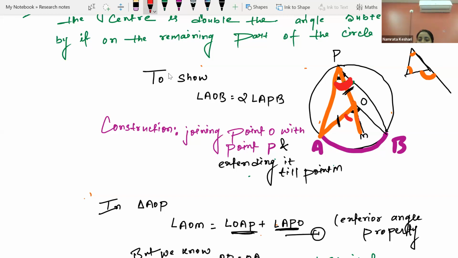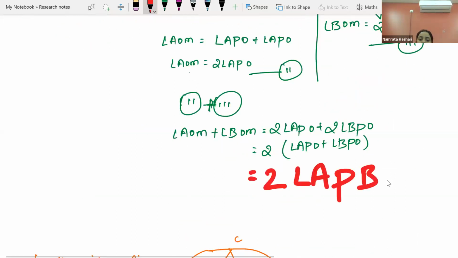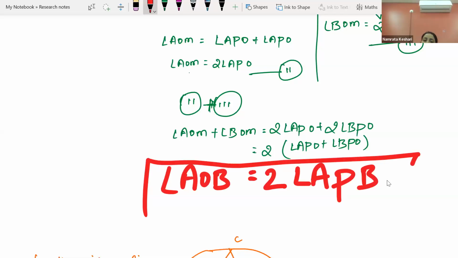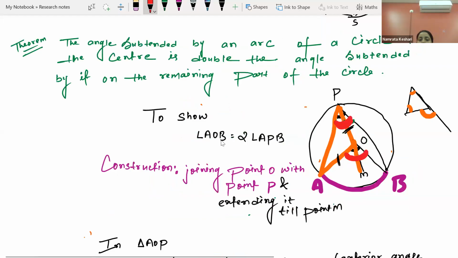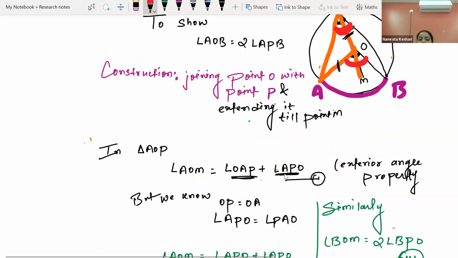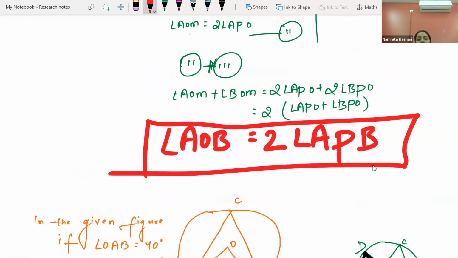That is nothing but this angle AOB. AOM plus BOM का मतलब है angle AOB, हाँ या ना? क्या हमें यही प्रूफ करना था? चलो देख लेते हैं. The angle at the center, AOB, is 2 times APB. That's what we wanted to prove, right? Is it clear?